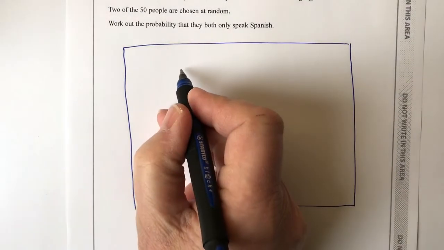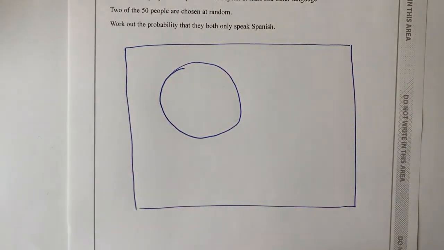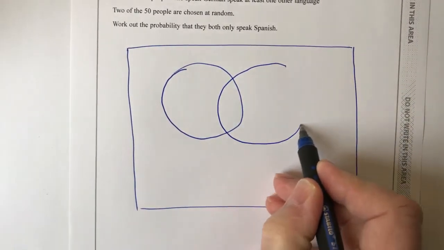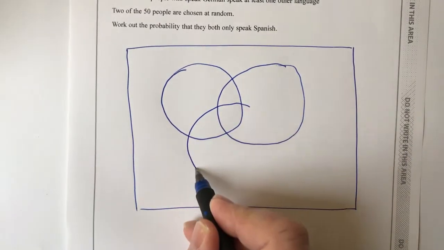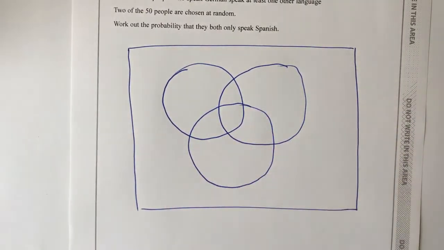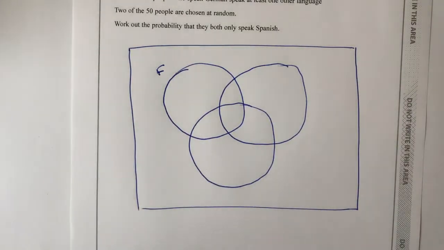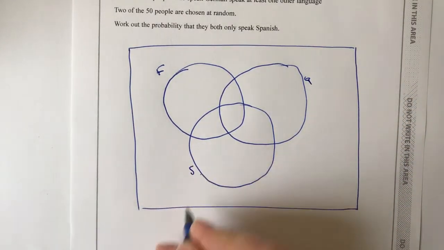So I have a big circle for French speakers, a big circle for German speakers, and then a circle for Spanish speakers. That's about the worst circles, but hopefully it'll give you some ideas. So we can say these people are French, these people are German, and these people are Spanish.